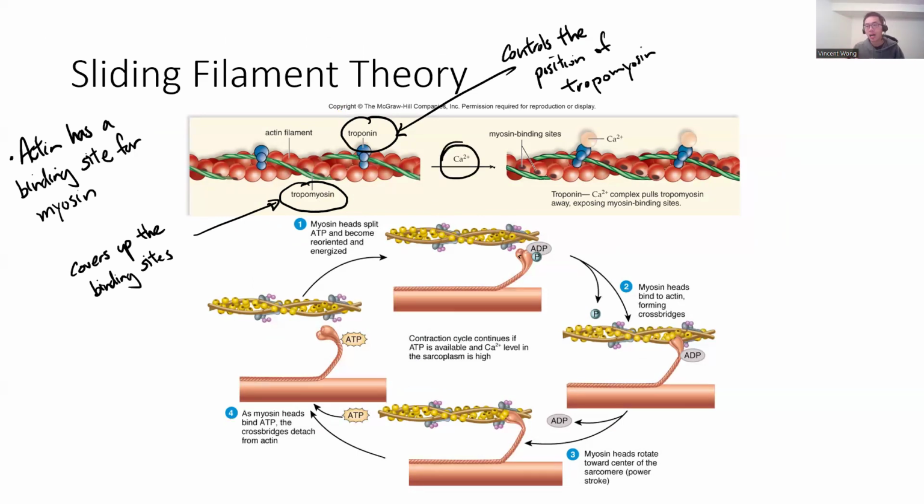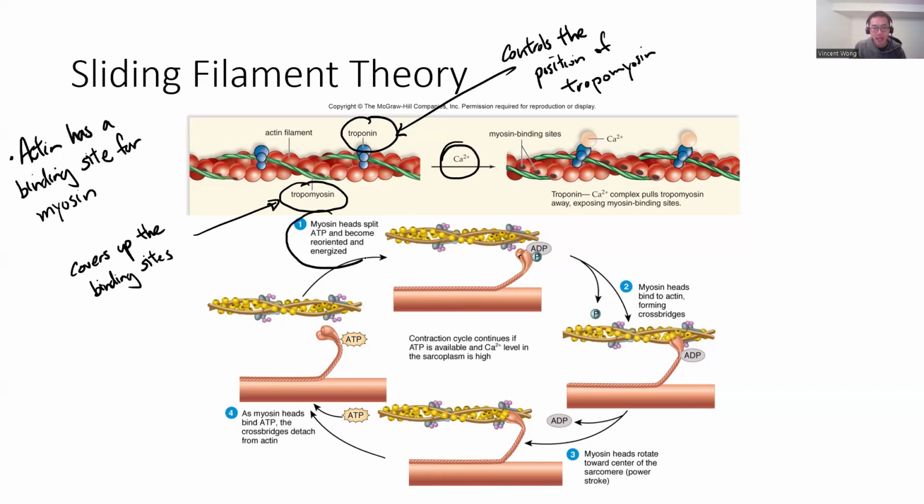When calcium arrives, and I'm going to tell you how the calcium comes, the calcium will bind to the troponin, which will roll away the tropomyosin and expose the binding site.